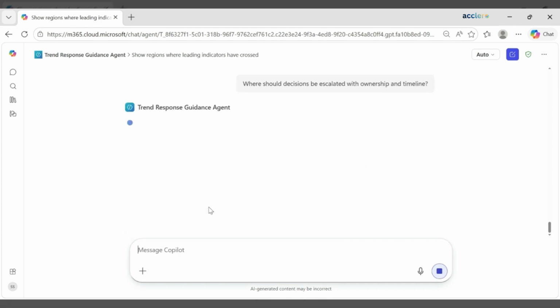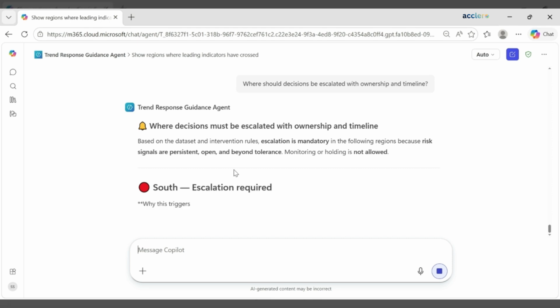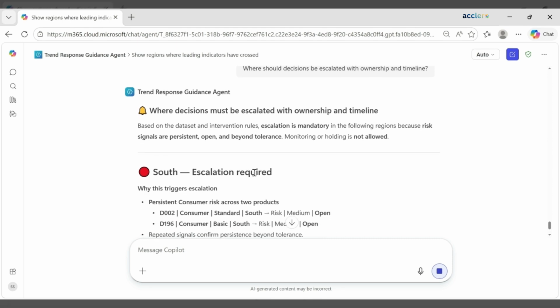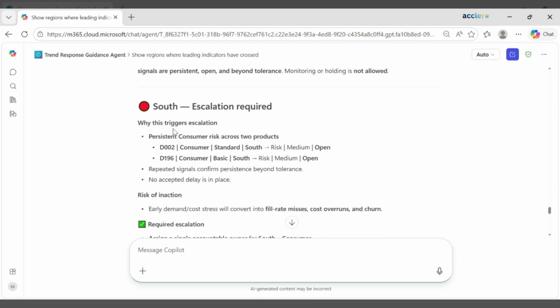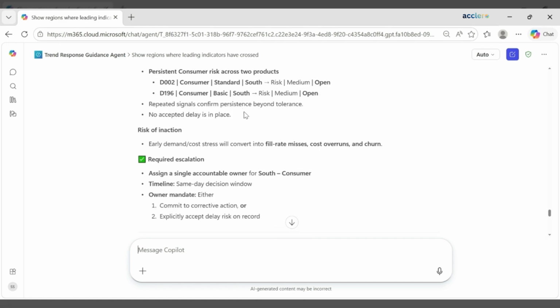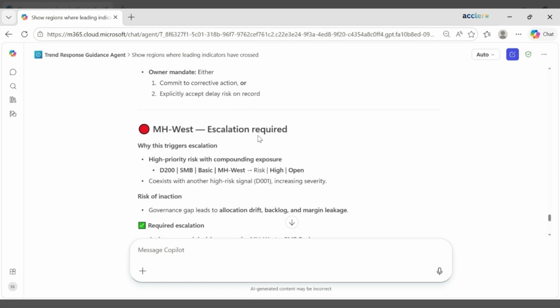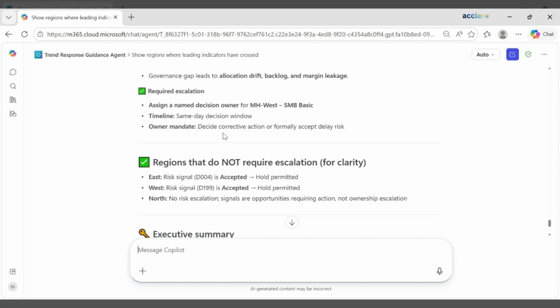Here I am asking the agent where decisions should be escalated, with ownership and timeline. For the risks that are not immediately acted upon, the agent focuses on enforcing escalation with ownership. South needs escalation. MH West also requires escalation.